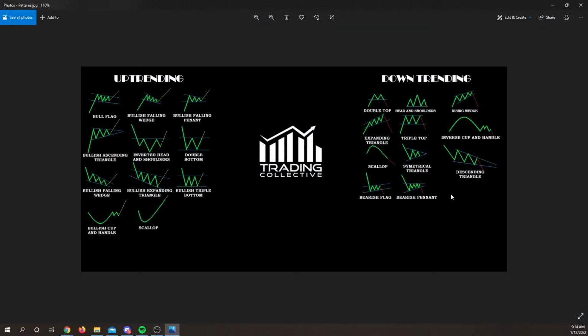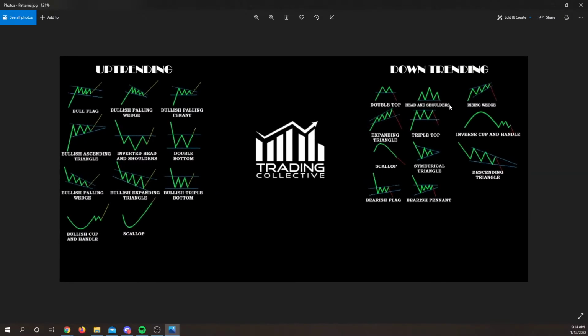Every pattern has, like I said, a percentage of success and failure rate. Our highest percentage is actually going to be on our downtrending reversal pattern, the head and shoulders. Head and shoulders is about an 85% success rate. So when we start to see this head and shoulders pattern, we have an 85% success rate of reversing.